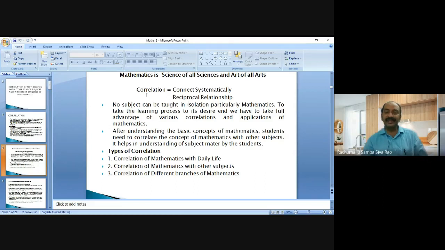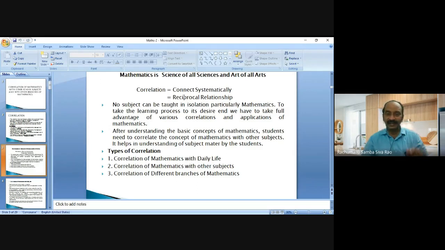Correlation means connecting two subjects systematically, or a reciprocal relationship between two subjects or two concepts, whatever it may be.